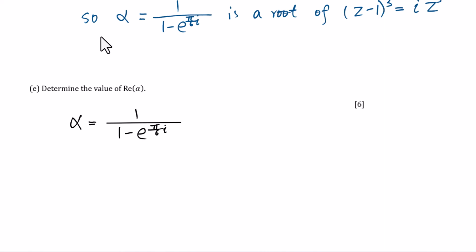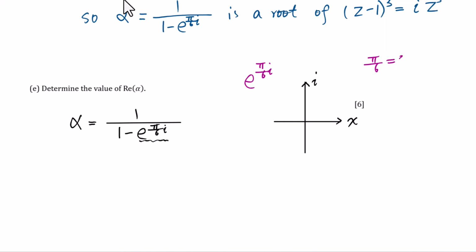Let's go to part E. Determine the value of the real root of alpha. We need to change this into Cartesian form. The argument is pi over 6, which is 30 degrees. When you draw this line closer to the x-axis, you can see the longer leg is square root of 3 over 2 and the shorter leg is 1/2.